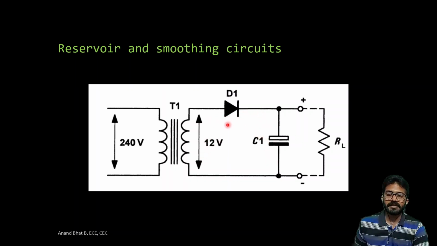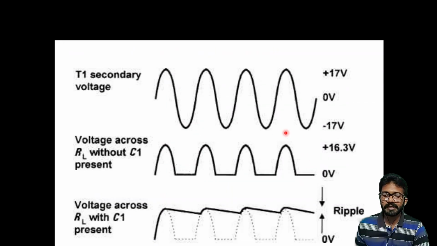In the reverse bias condition, the diode is open, but the energy stored in the capacitor is given to the load. Thus, we will not be losing the negative half cycle. The dotted lines here show the output of this half wave rectifier without the capacitor, and with the capacitor the output is shown by a solid line.